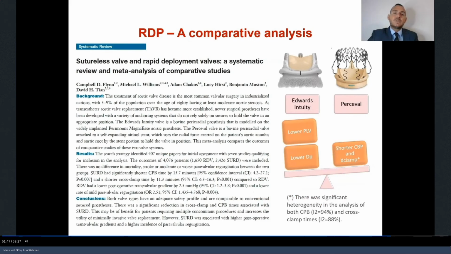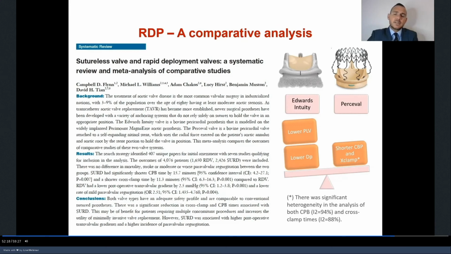I found interesting this systematic review comparing the two types of rapid deployment valves currently on the market, and it's interesting to note that the Intuity valve is characterized by a lower rate of paravalvular leaks and transvalvular gradient with better hemodynamics, whereas the Percival valve is characterized by shorter cross-clamp time and bypass time.